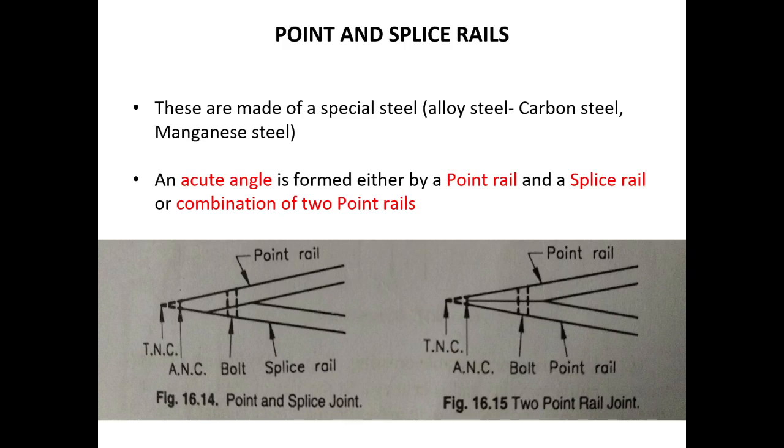So in this first image we can see a combination of a point rail and a splice rail. The angle formed between them is an acute angle, or in the second case there may be two point rails. The angle between these point rails is an acute angle, so it is called an acute angle crossing.